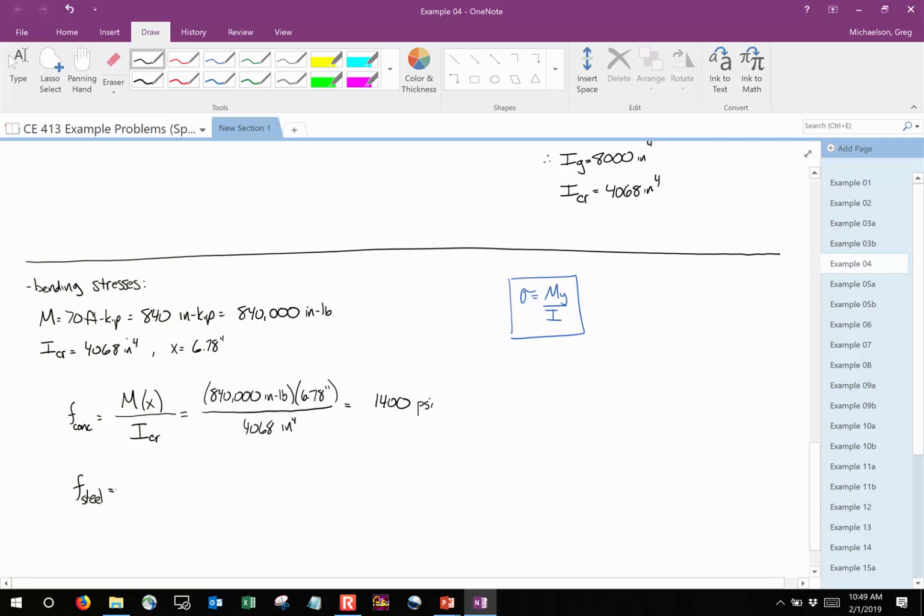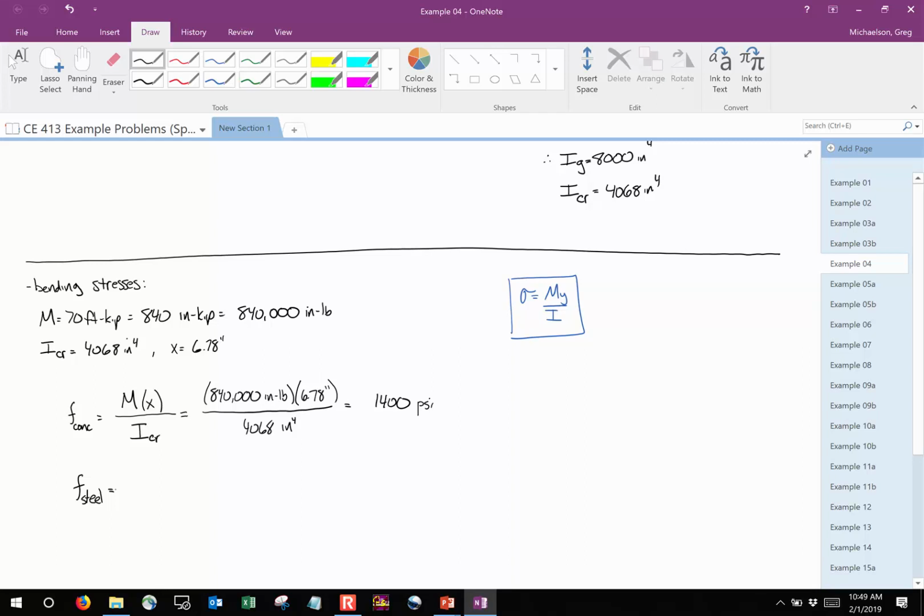And this is, well, you tell me, is this stress in compression or tension? Remember, beam's being bent like this. So the bottom is being yanked on, the top's being compressed. So right now we're only calculating the concrete over the neutral axis, and that's the worst case stress in compression.